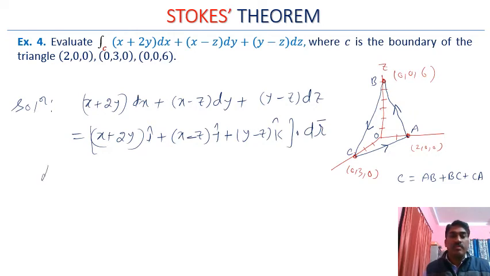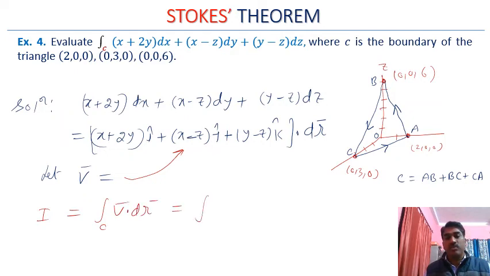So let us take this vector as v. So we have the given integral I equal to the integral over C of v dot dr, and by use of Stokes theorem we can write it as a surface integral of curl v dot n cap dS.